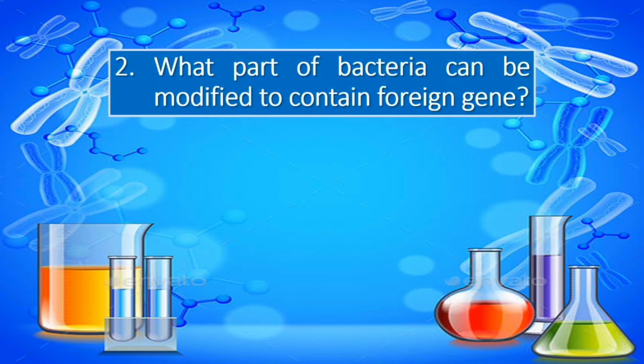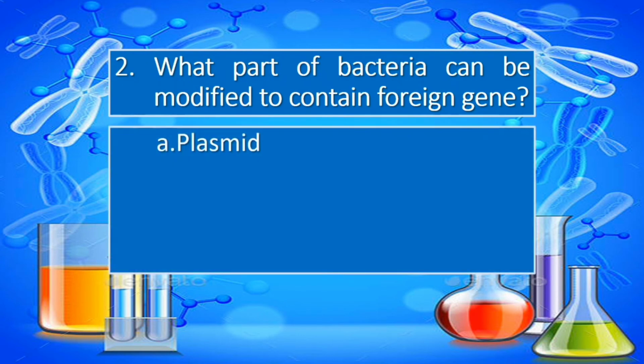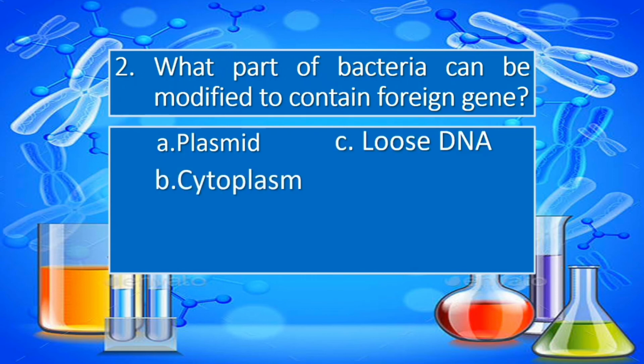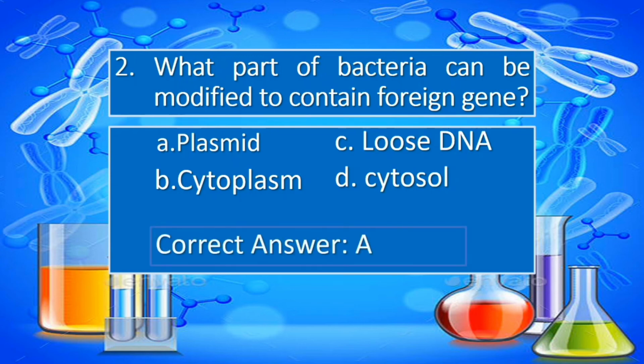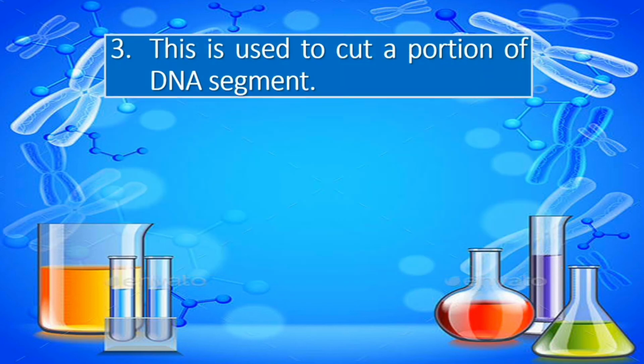Number 2. What part of bacteria can be modified to contain foreign gene? A. Plasmid, B. Cytoplasm, C. Loose DNA, or D. Cytosol? The correct answer is letter A, plasmid. Third question.